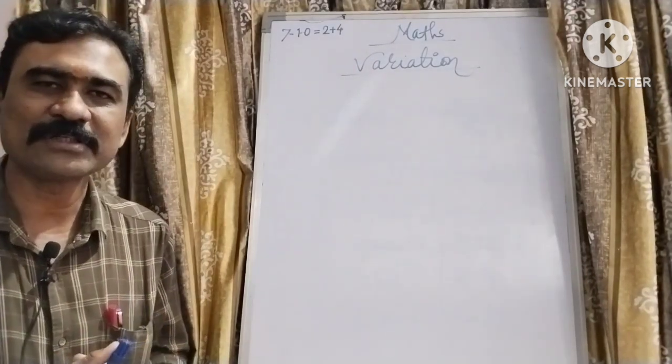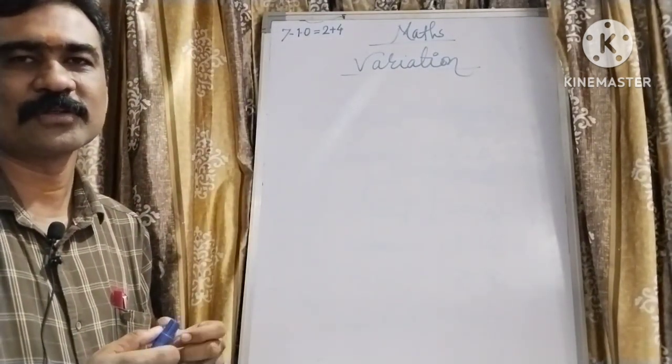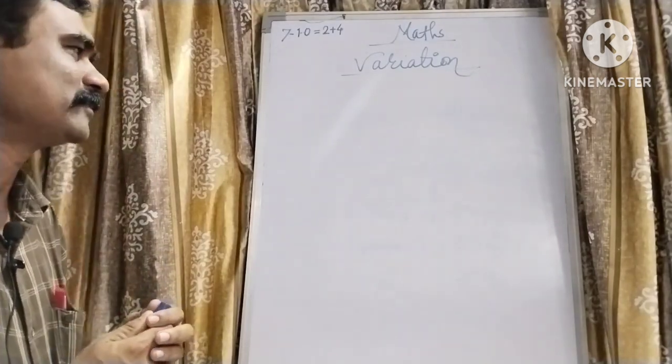Now we have to see another type of variation. So let us consider one example.